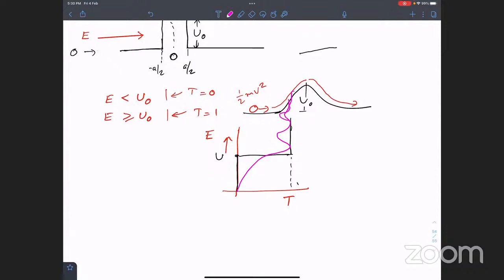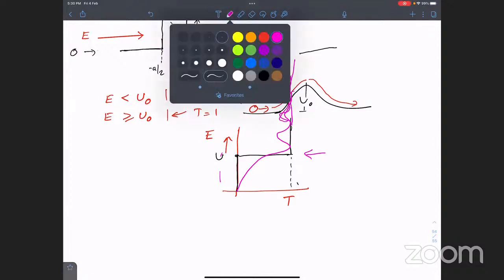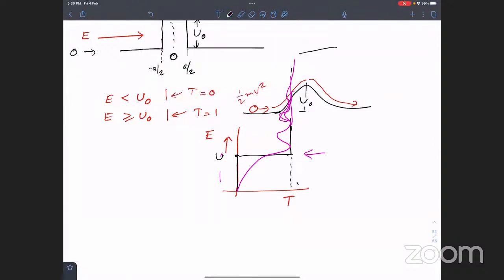For very high energies, it will be very close to 1 only. So all the interesting things happen near energies that are pretty much equal to U naught. Around those energies, you can see the quantum transmission compared to classical transmission shows some interesting features, some ringing kind of features.